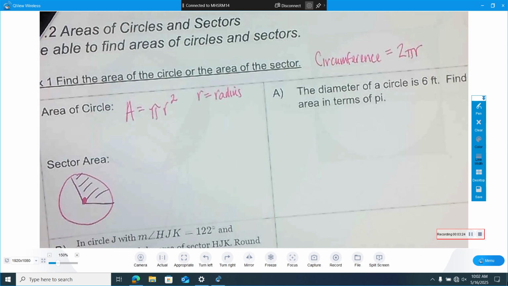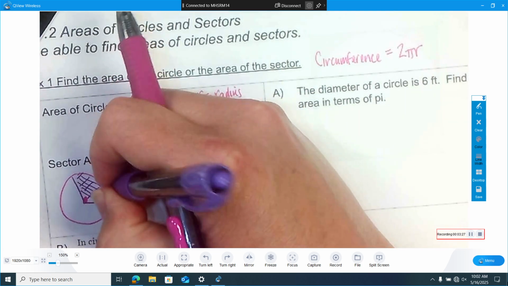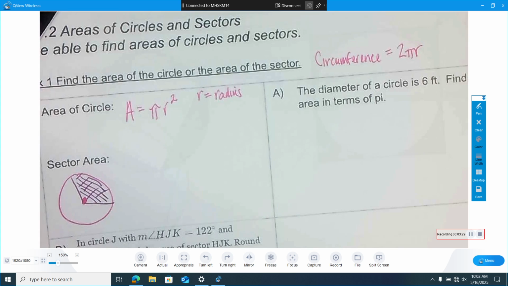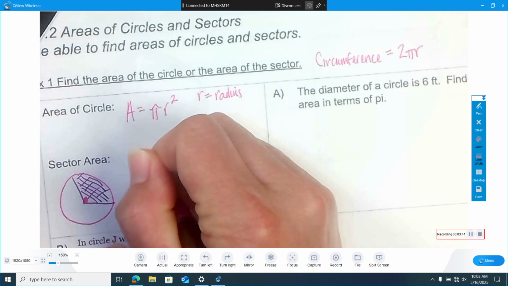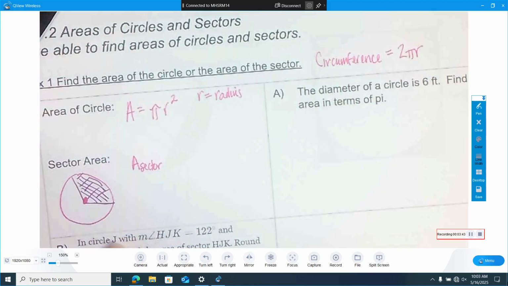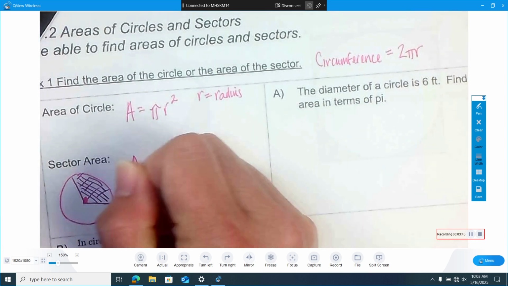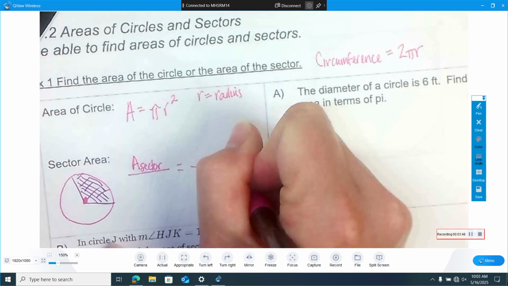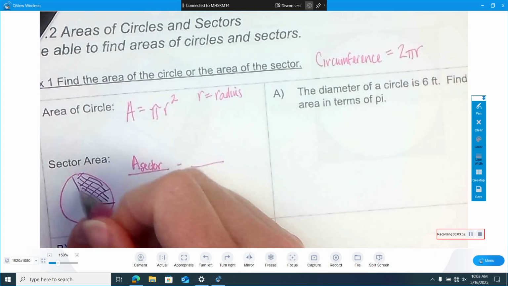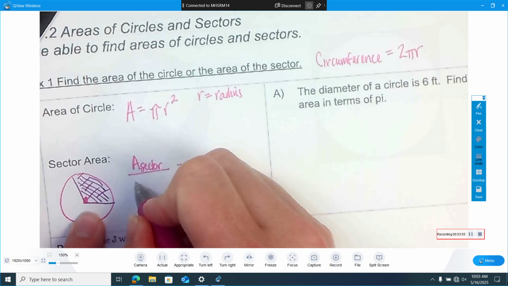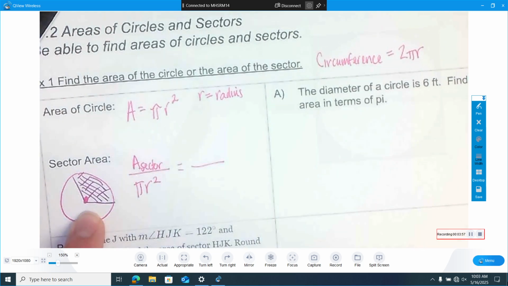So what we want is just to find this little section of area, not the whole area of the circle, but just a little section. Well, we have done something similar to this as well, and that is if we want the area of just a sector of a circle, then we create these little fractions, these little proportions. That's just a portion of the total area of the circle.